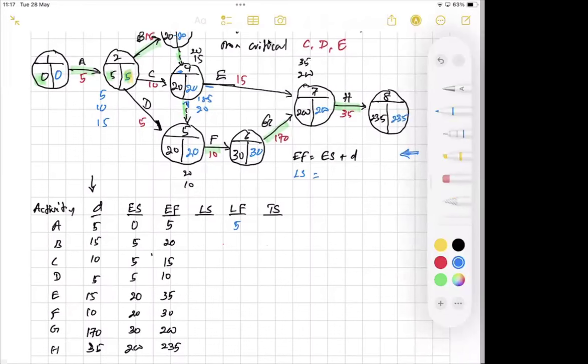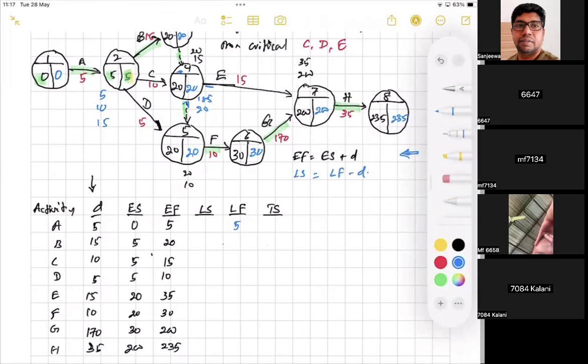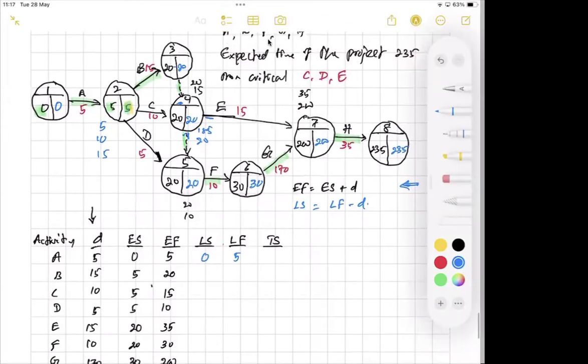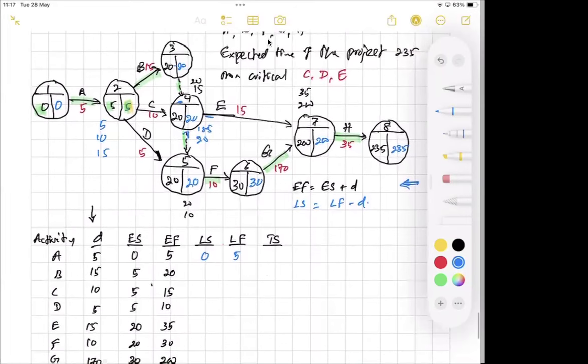Late start time equals late finish time minus duration. Right, late finish time is 5, duration is 5, then late start time is 0. Right? Activity B, what is the head event? Head event number is 3. Right hand side value is 20. 20 minus 15, 5.